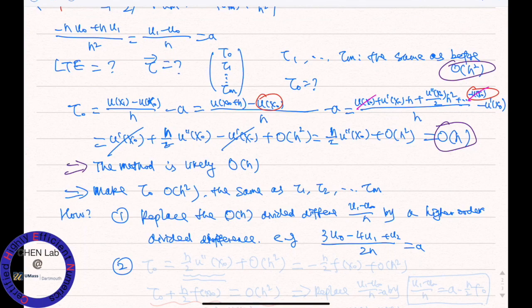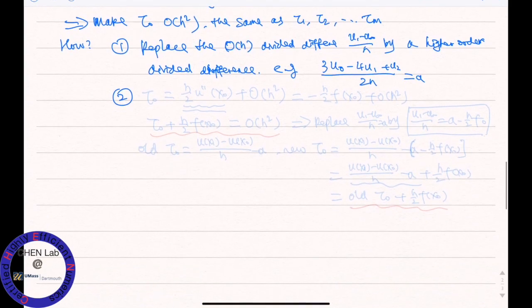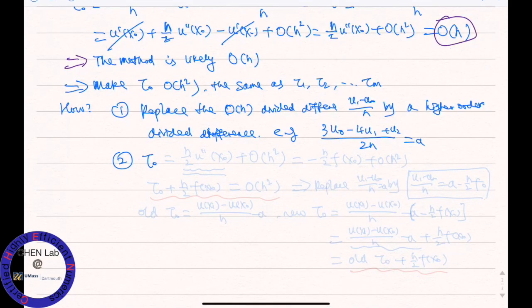The second approach is that if you look at tau zero, we just showed that tau zero is h over 2 u double prime at x0 plus something order h squared, right? So basically, if we can get rid of this guy, then that's great. Because the rest is order h squared, the same as tau 1, tau 2, and so forth.